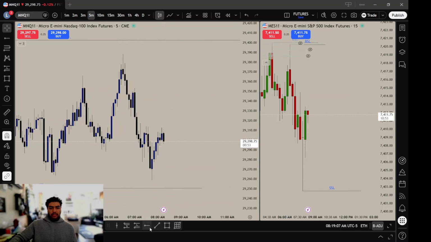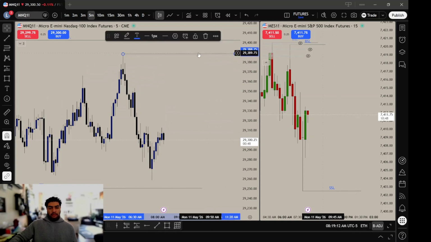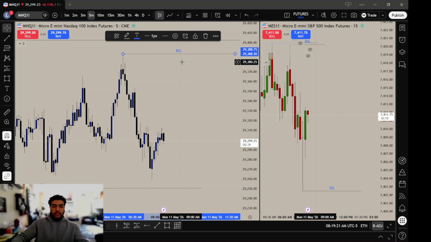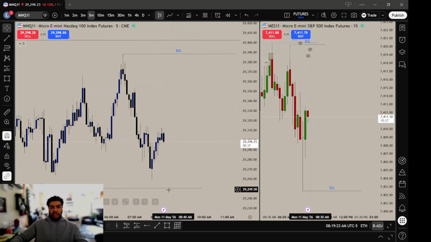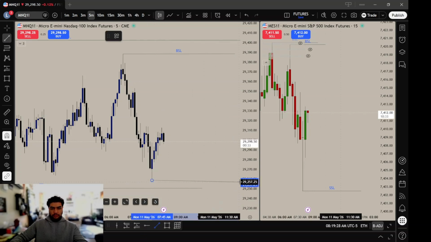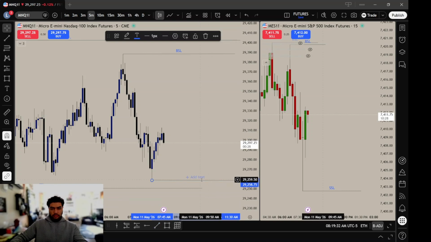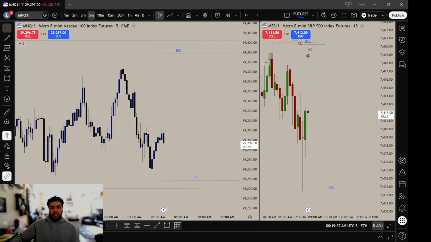On the lower time frame we have buy side liquidity right there, and then we have sell side liquidity right there at the bottom. So I think we're just going to have to wait to break one of these structures.